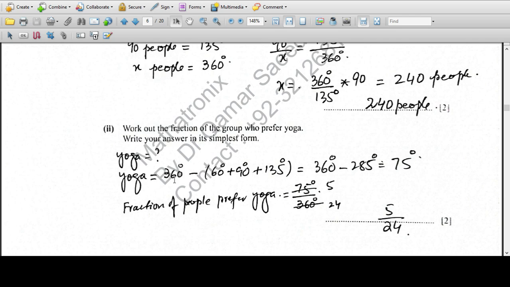So yoga is equal to 360 minus (60 plus 90 plus 135), so 360 minus 285 is equal to 75 degrees. So the fraction of people who prefer yoga is 75 upon 360, and this is 5 upon 24.